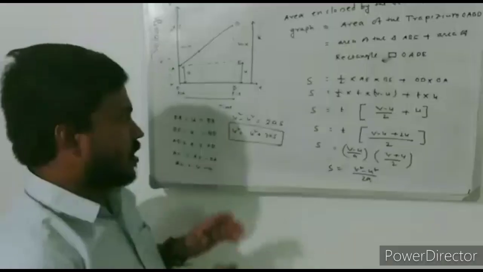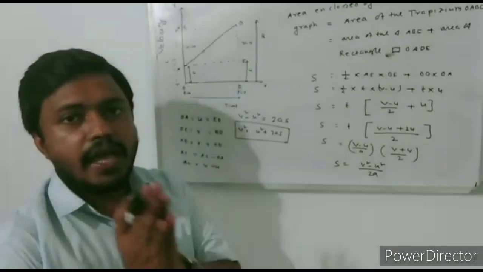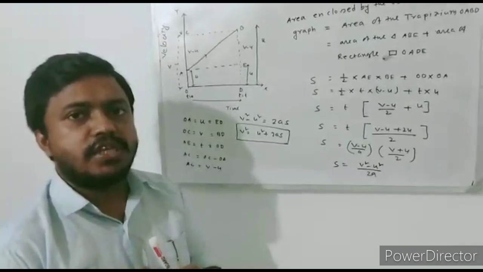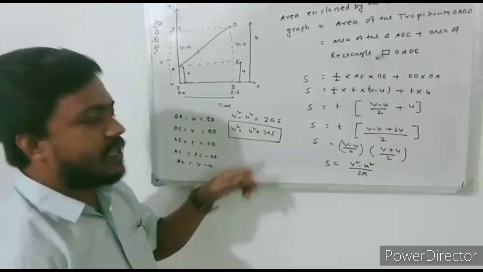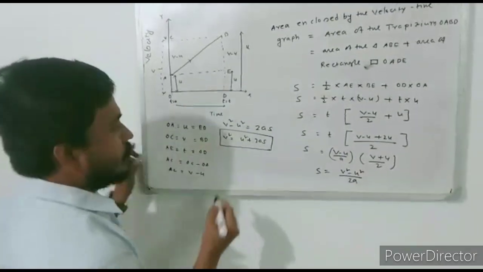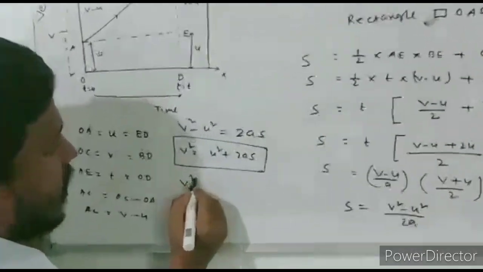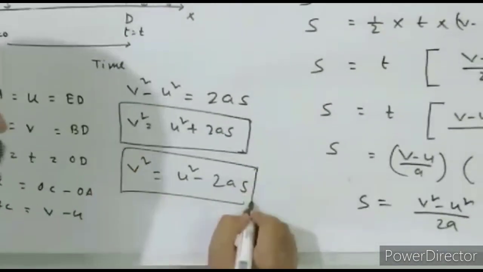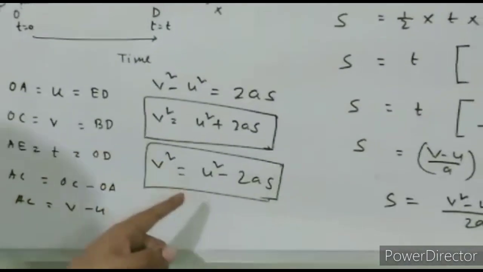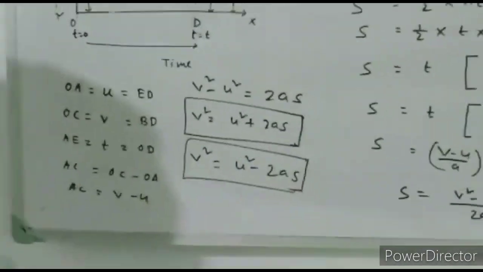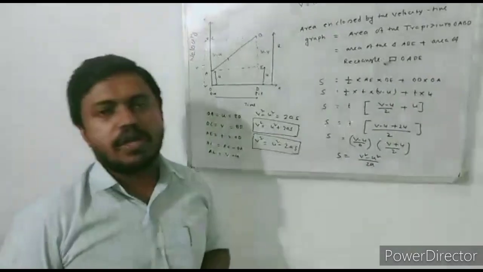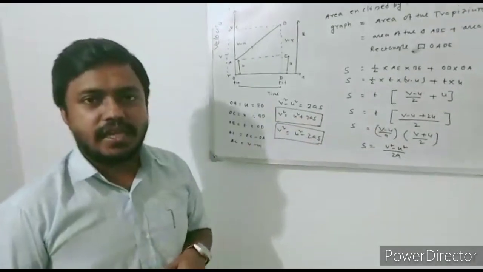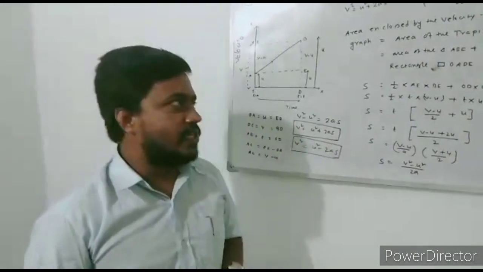This is the equation of motion for uniformly accelerated motion. If the velocity goes on decreasing, then a is replaced by minus a, so v square equals u square minus 2as. Dear students, this equation holds only for mechanical force. If the motion occurs due to gravitational force, then a is replaced by g, and small g is called acceleration due to gravity.